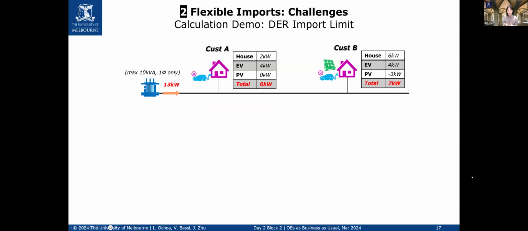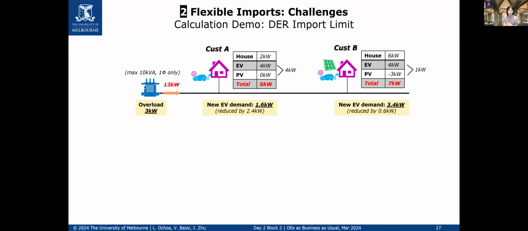Moving on, the last type of input limit I want to introduce to you is a DER input limit. Here we are adding more complexity on top of the electric vehicle. In this case, customer B has a PV system installed, which is now exporting 3 kilowatts. So the net DER demand for customer B is 1 kilowatt, and for customer A is still 4 kilowatts.